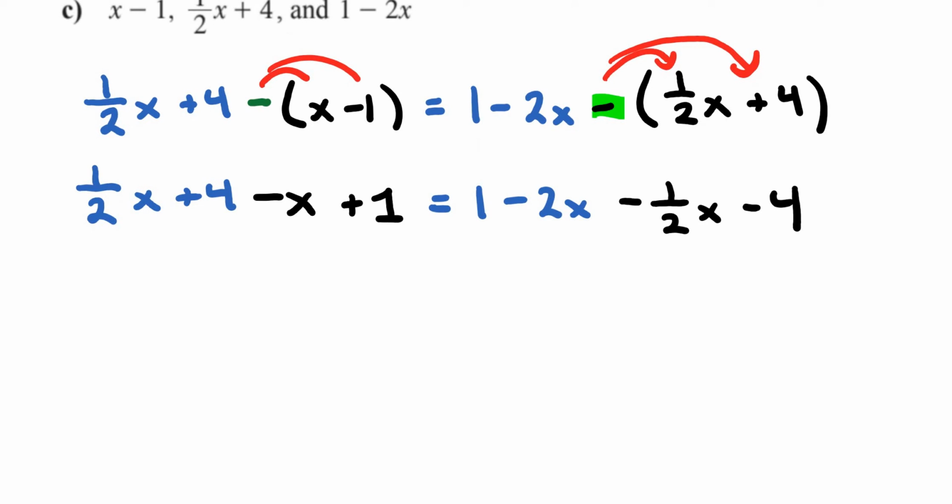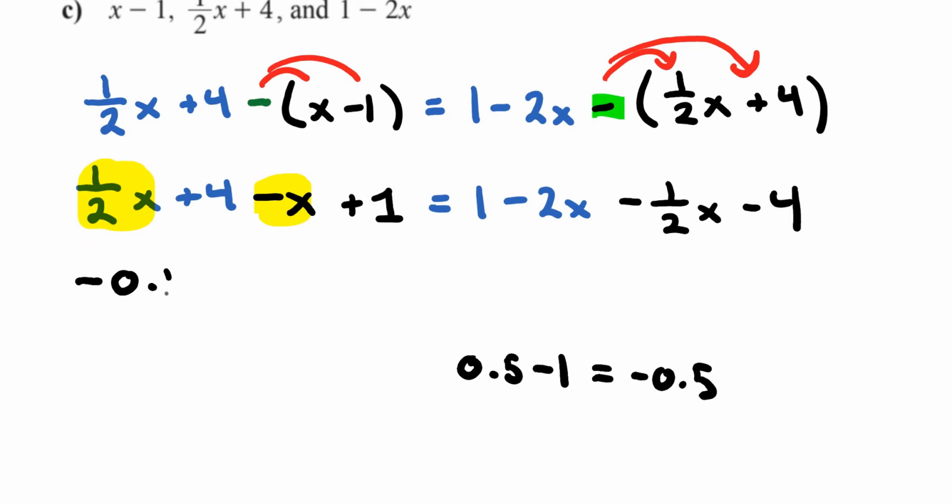All right, so let's go ahead and collect like terms here. If I have a half of x and if I minus 1 full x, so that's the same idea as 0.5 minus 1. Well, that's going to be negative 0.5, right? So I'll leave this as negative 0.5x. And then plus 4 plus 1 is going to be plus 5. Okay.